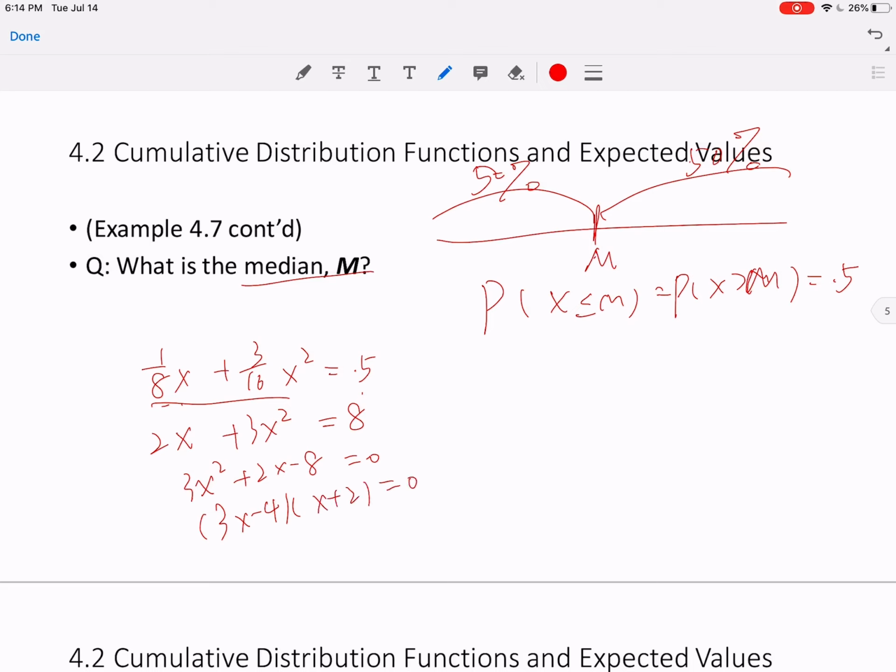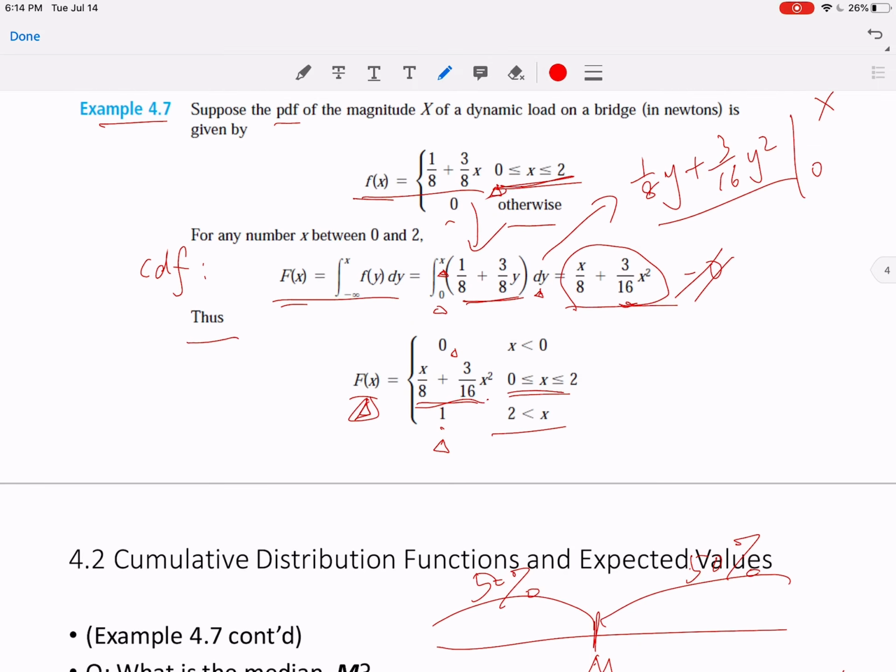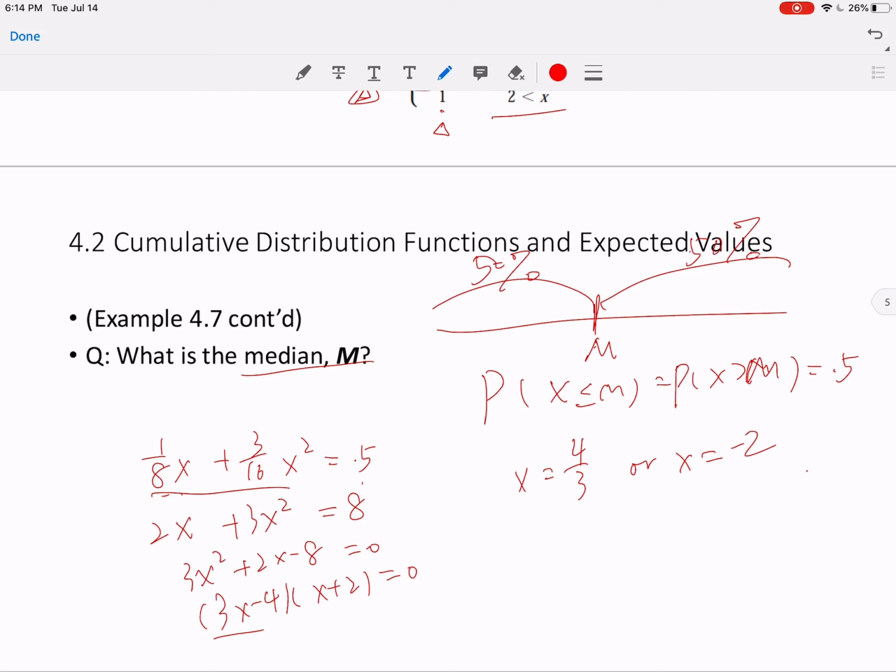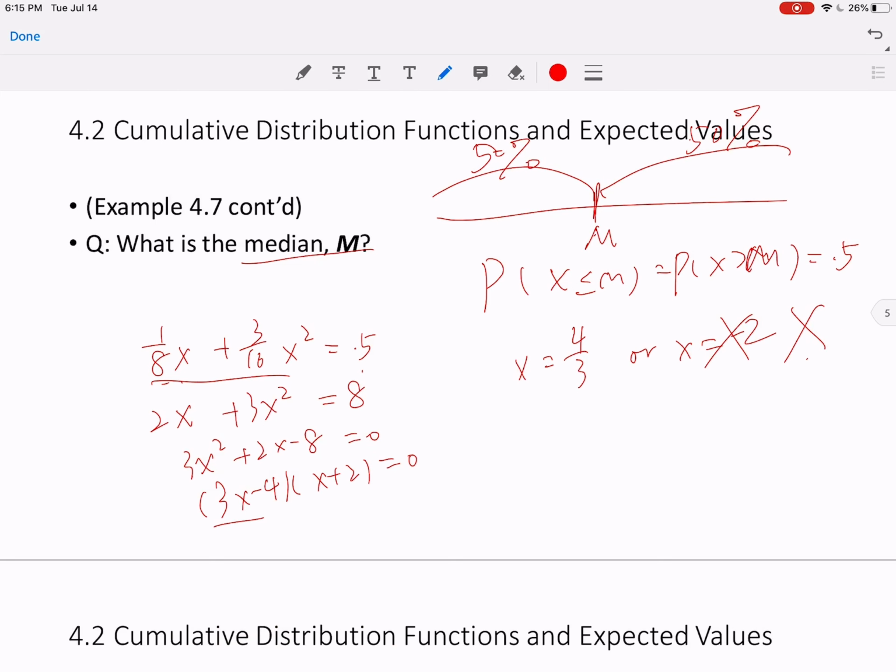So from the first factor, we have x equal to 4 over 3, or x equal to -2. But we know that x has to be between 0 and 2, so this one doesn't make sense. We get rid of this root, and we can conclude that the median is equal to 4 over 3.